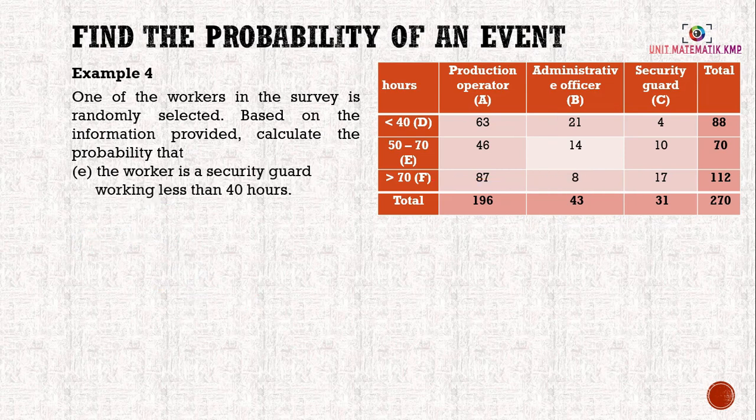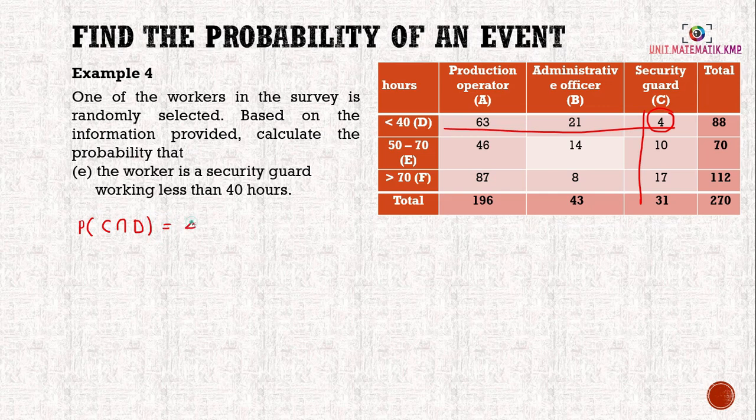Okay, next. Calculate the probability the worker is a security guard working less than 40 hours. So yang ni memang dia tak cakap intersection, tapi based on the words ataupun the sentence, we can say that it asks us to find the probability of C, which is security guard, which is working less than 40 hours, intercept dengan D, because it happens at the same time lah, C intercept D. Okay, so kita tengok daripada kita punya table C dan juga D. Okay, yang intercept adalah bahagian sini.